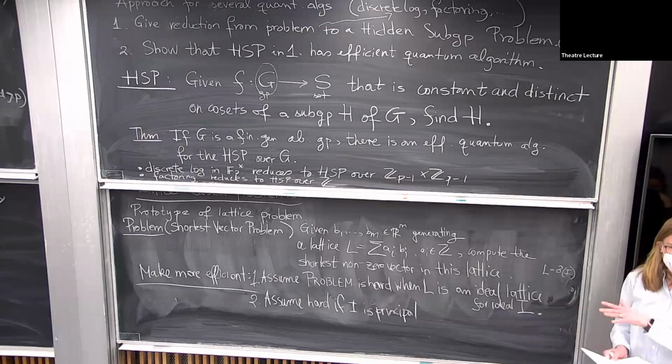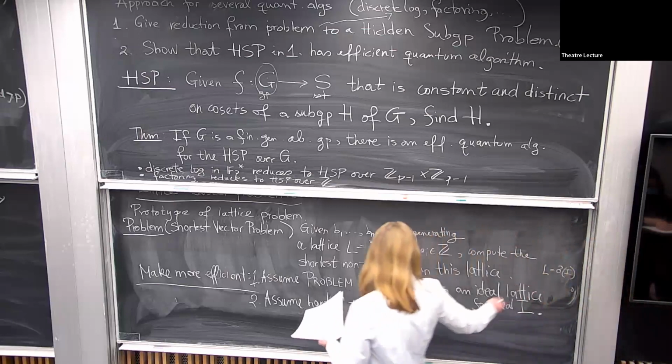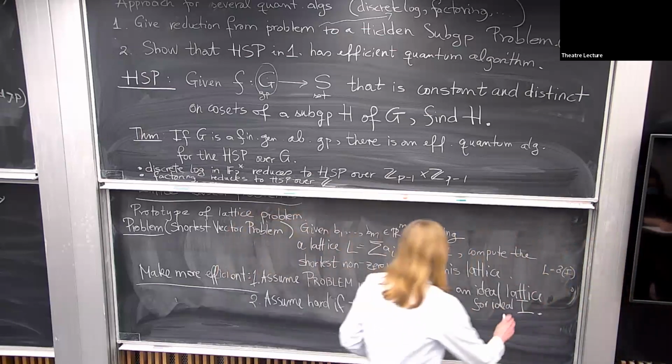So let me make one more assumption, namely that there is a short generator. If I have a generator, I can multiply it by a unit in my ring and make it small. So we're working here with some ideal in some number field.